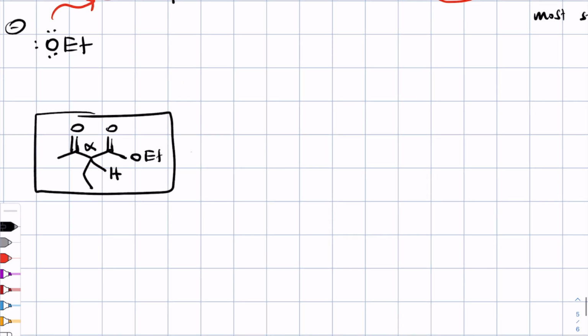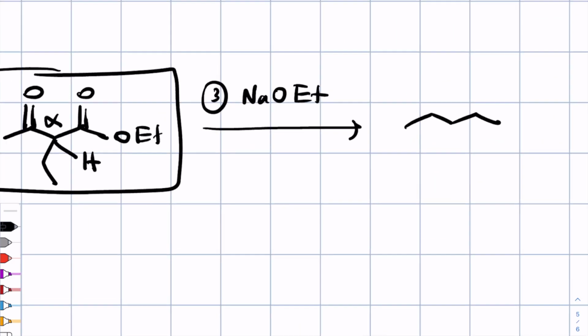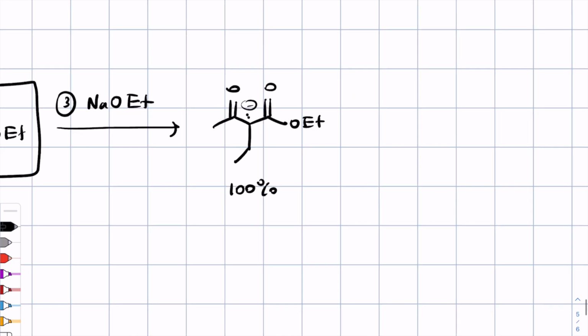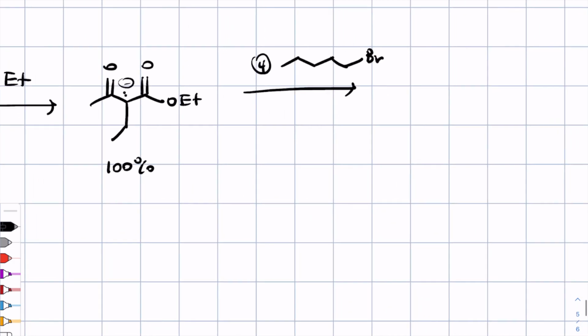We could, if we wanted to, introduce another equivalent of base to generate, and again, this proton here is still alpha to 2 carbonyl groups, so its pKa should still be 11. We still have hope here of forming this enolate in an irreversible fashion, 100%. And then we could do a second round of alkylation, and perhaps this time we want to put something else on there.